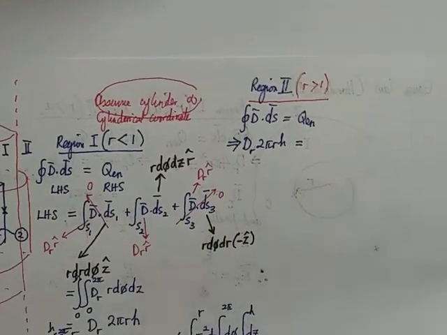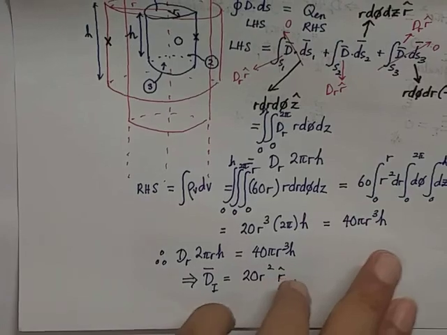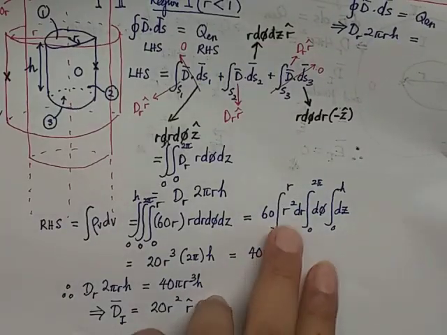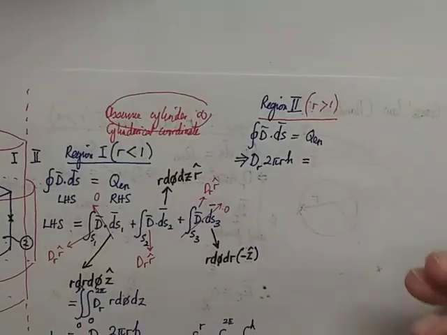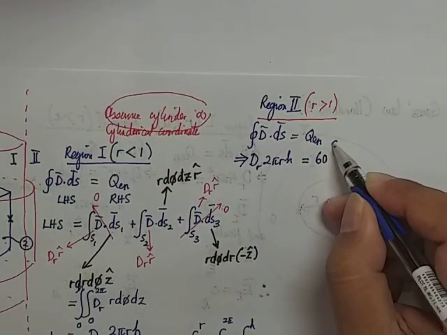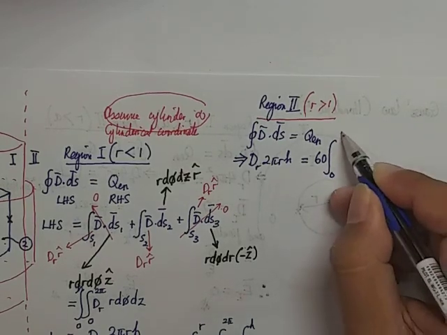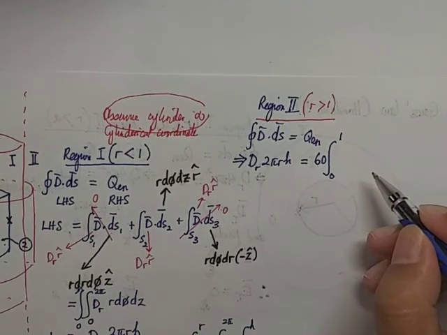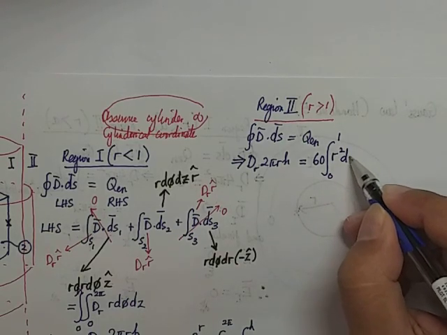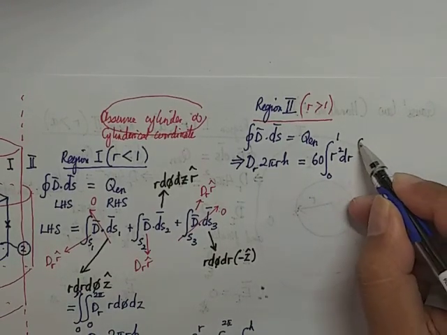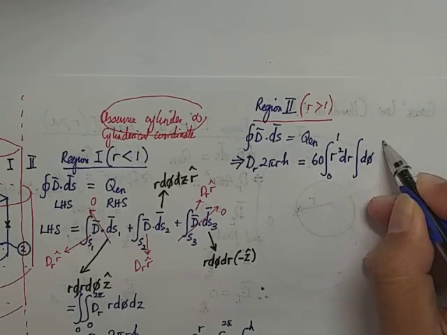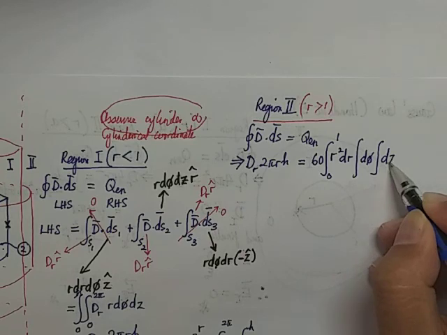So I'm going to use this mathematics, but the only difference here is the limit, now 0 to 1. So I'm going to say 60, integration from 0 to 1, R square dr, and then this should be dphi, this should be dz.